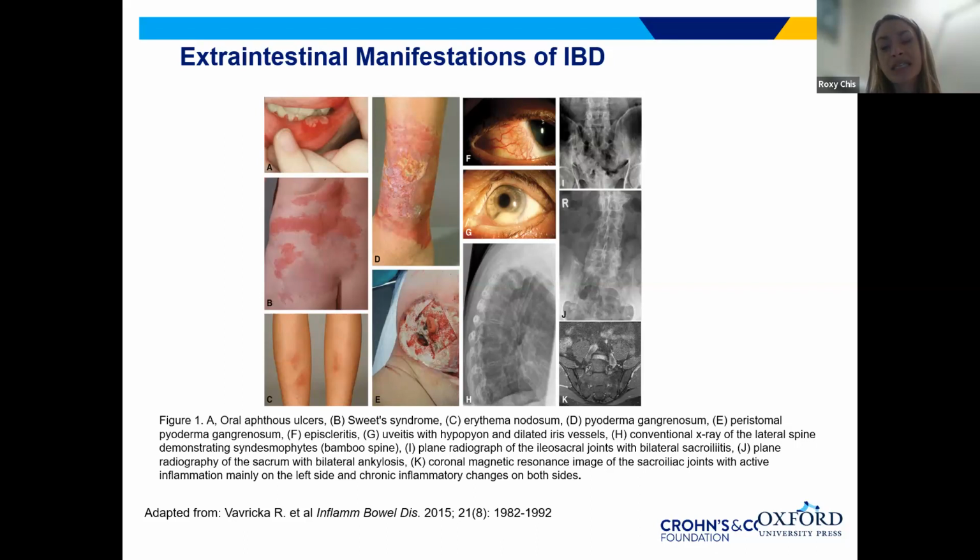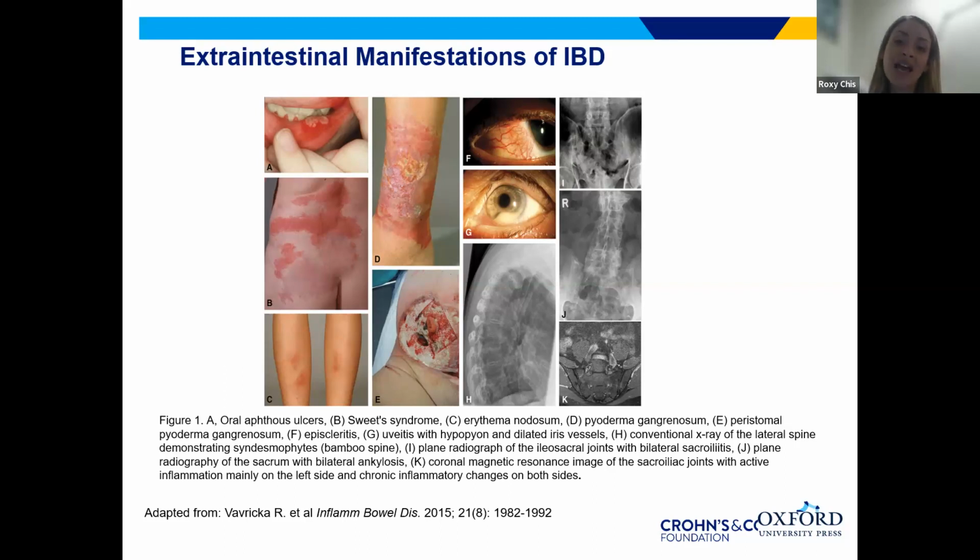Image C depicts erythema nodosum, which are just these painful subcutaneous nodules that normally occur on the shins of patients, so just the extensor surfaces of the legs, and the nodules really are quite tender. D and E are basically the same presentation of ulceration.